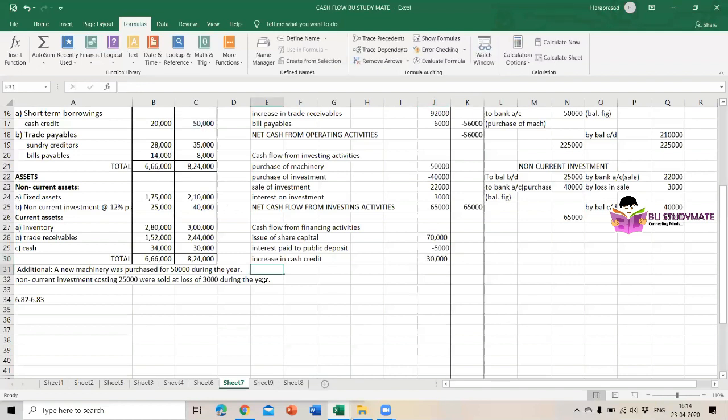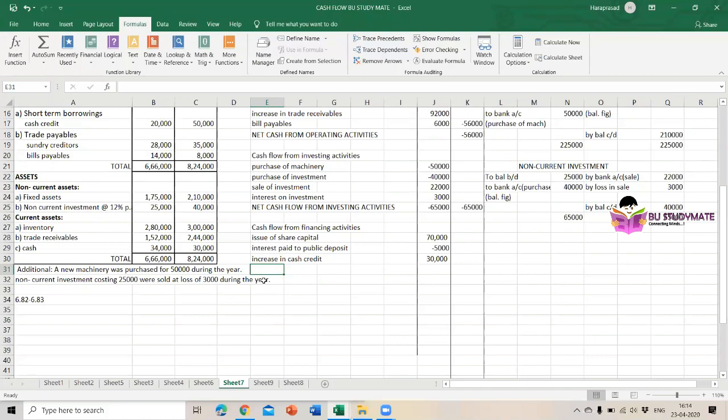Interest paid to public deposit we have written, and increase in cash credit we have written, and one more thing is public deposit, long-term borrowings. For public deposit we have to make the calculation.